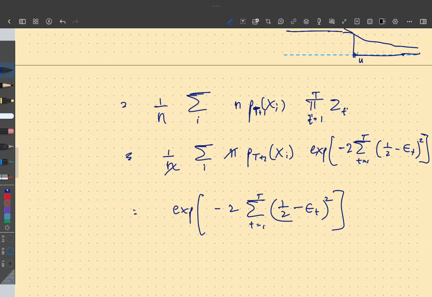But we assume that at each step we have a weak learner, a gamma weak learner, which means that this quantity half minus epsilon t the whole square is at least gamma square. So this is less than or equal to e to the power minus 2 times T times gamma square.